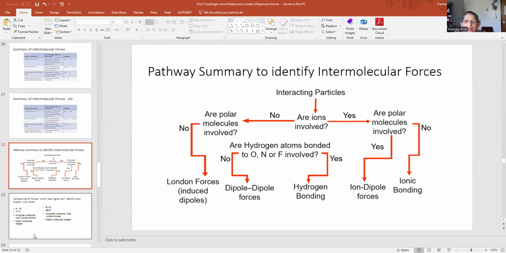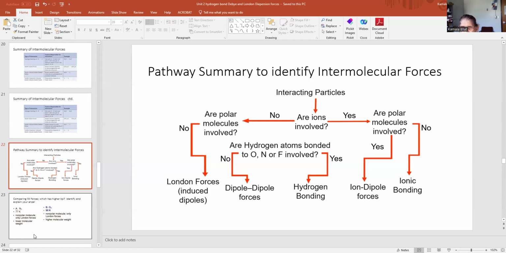On the other hand, if the question asks, are ions involved, and the answer is yes, then there are two stages over here. With the question, are polar molecules involved? If it is yes, then you have ion-dipole forces.